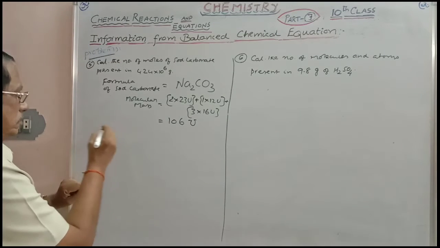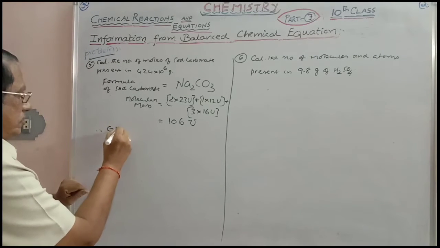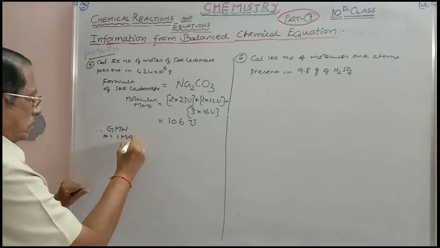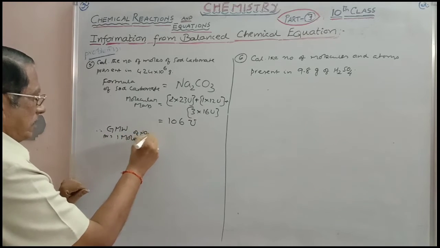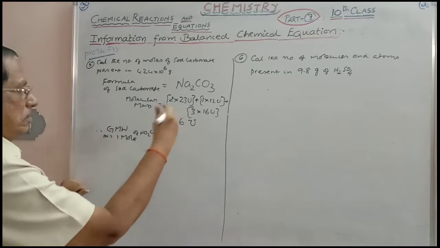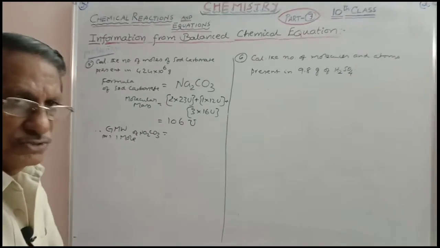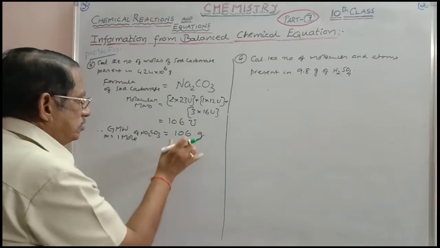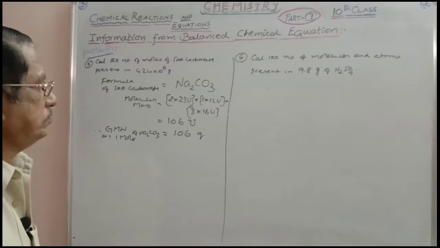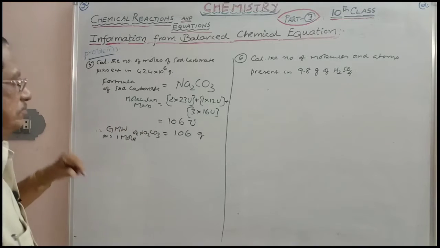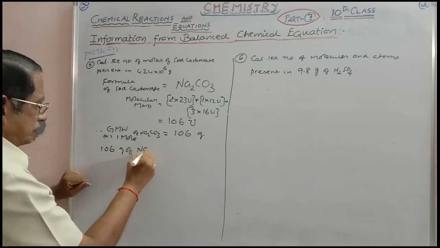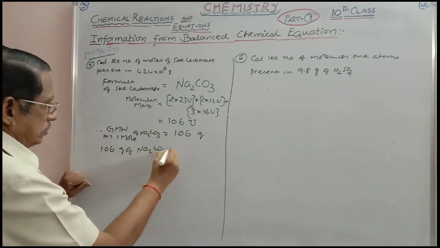Therefore, gram molecular weight or 1 mole of sodium carbonate is equal to molecular mass expressed in grams, which is how much? 106 grams. This is 1 mole. So 106 grams of Na2CO3 is equal to 1 mole.